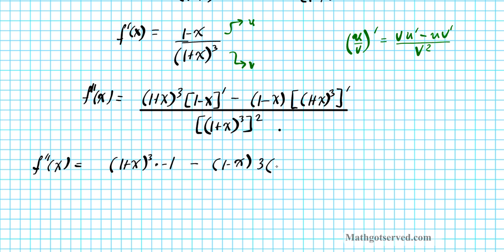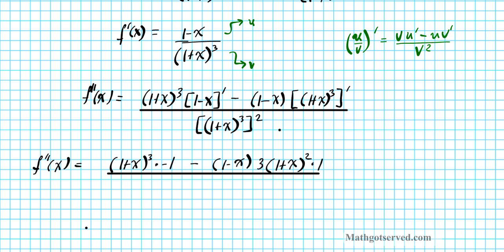So we have 3 times, instead of x, we plug in the inner function, which is 1 plus x, so this is 3 times 1 plus x squared. All right, so we have that. And then we multiply it, of course, by the derivative of the inner function, which is just the derivative of 1 plus x, which is 1. All right, so we have that divided by the denominator squared.